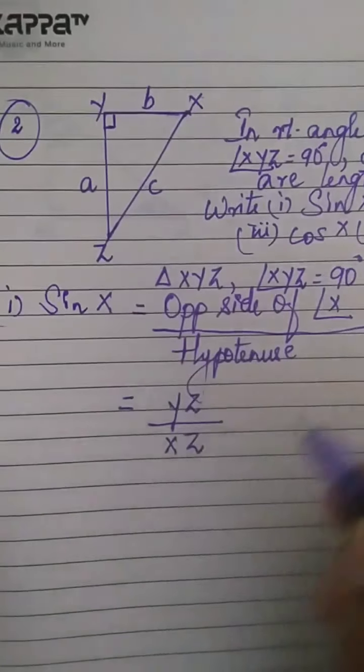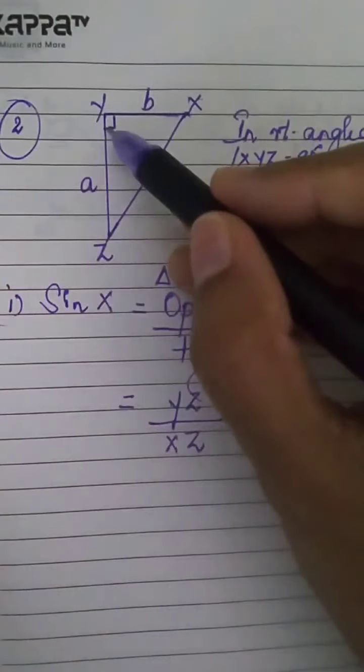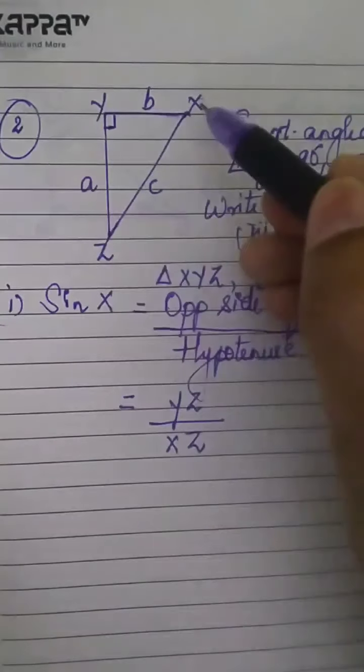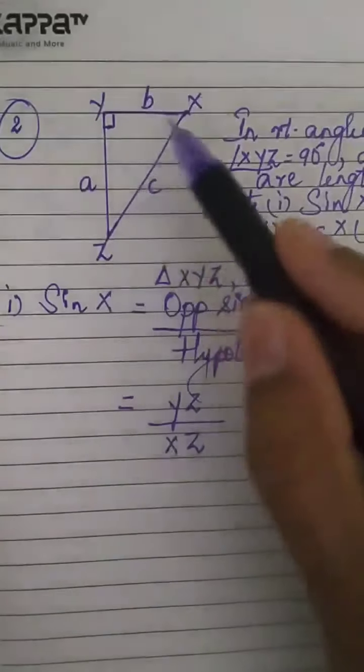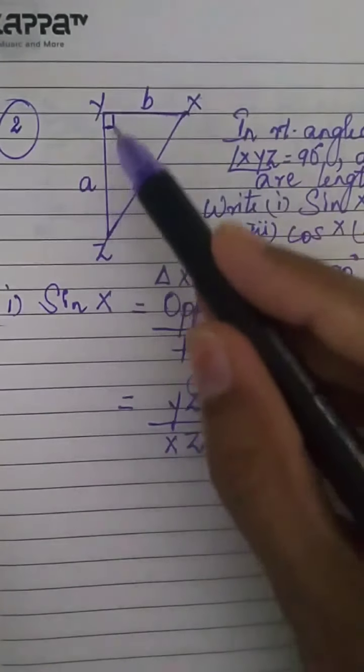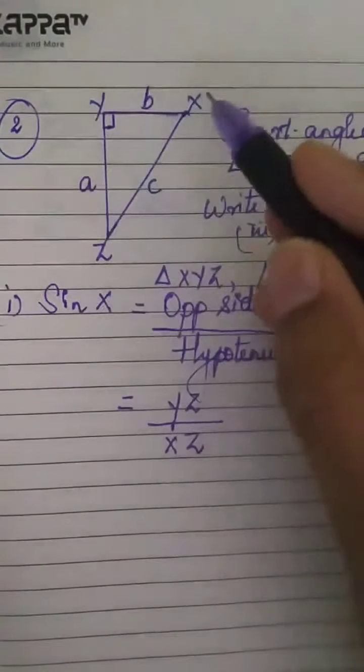XZ is the hypotenuse, no? For this triangle, the side opposite the 90 degrees is called the hypotenuse. So the hypotenuse will always be XZ. So for angle x, opposite is YZ upon XZ.